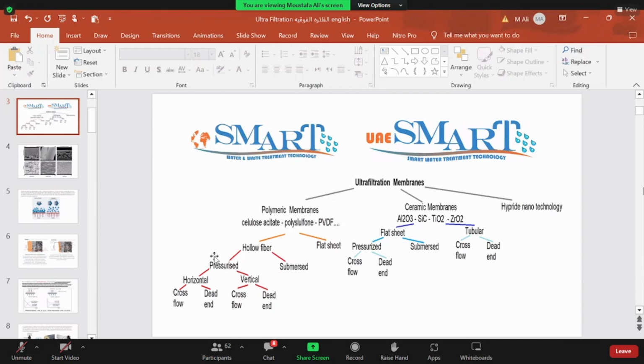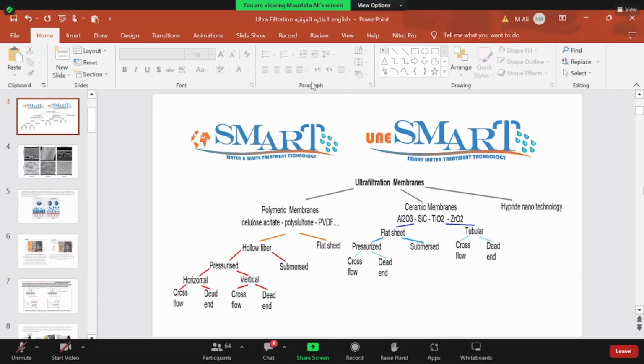The pressurized type inside a pressure vessel can be mounted in vertical or horizontal position. It can also be cross flow or dead end filtration systems. So this is how we group or classify ultrafiltration membranes.